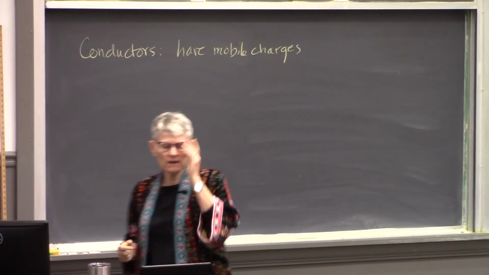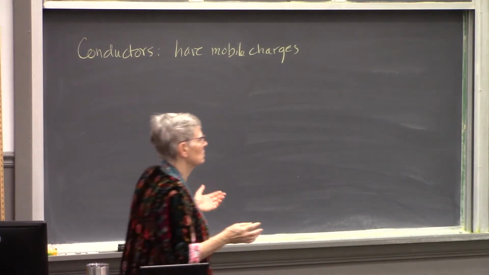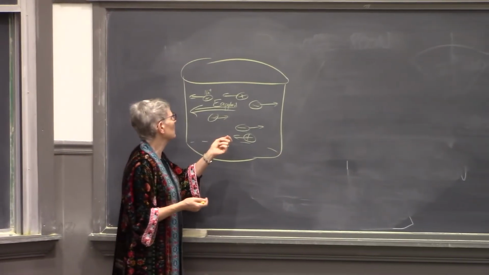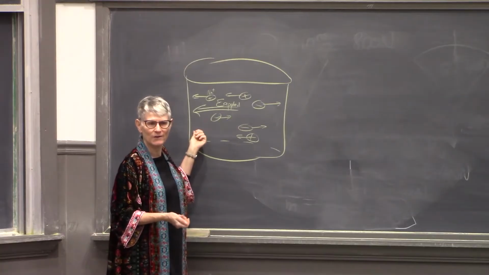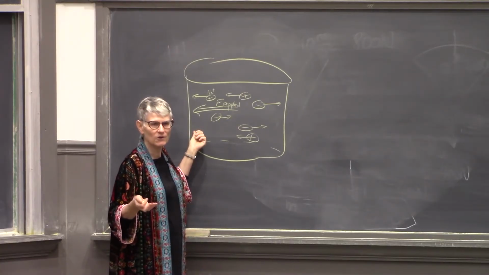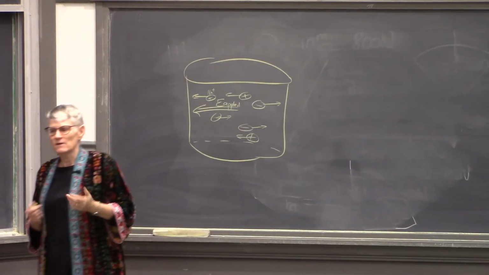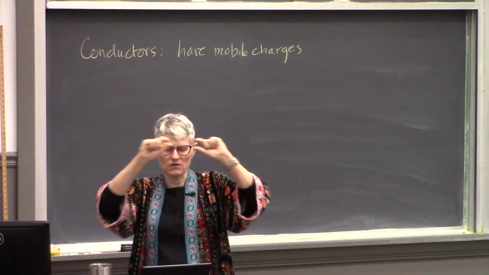And long distance motion is possible. So instead of a fraction of a nuclear diameter, this sodium ion could potentially move all the way over here. Centimeters or meters if we gave it enough time. So there's a big distinction between mobile charges and charges that can just shift a little bit.